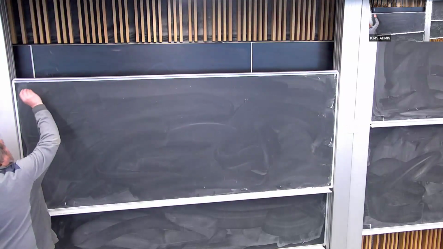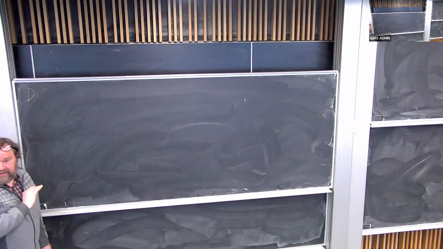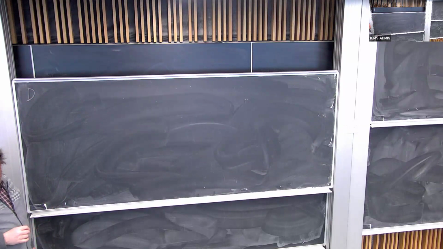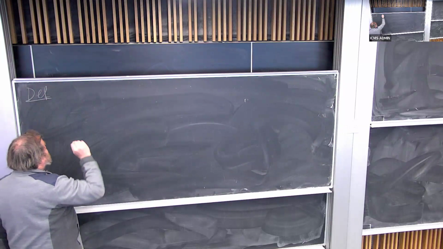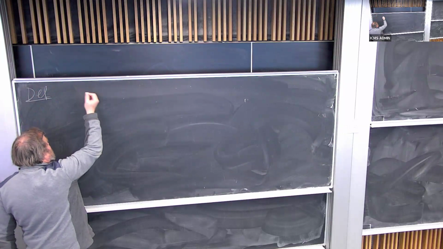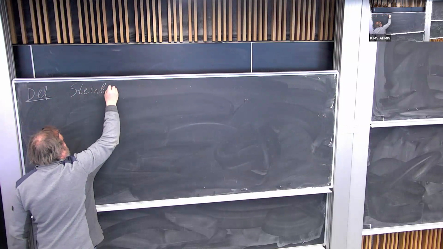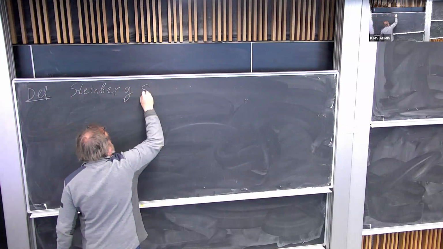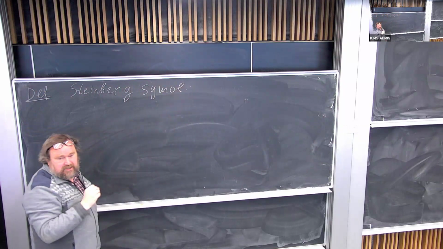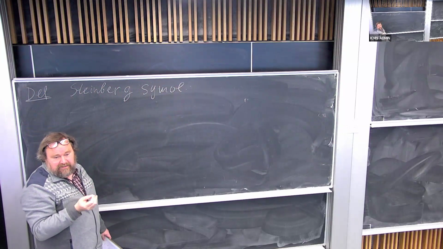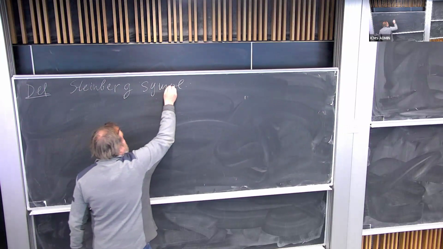I'll start with the definition and a theorem, and then the rest will be just a consequence of all that. So, what is a Steinberg symbol? Sometimes it's called a Hilbert symbol, and in French symbole modéré.